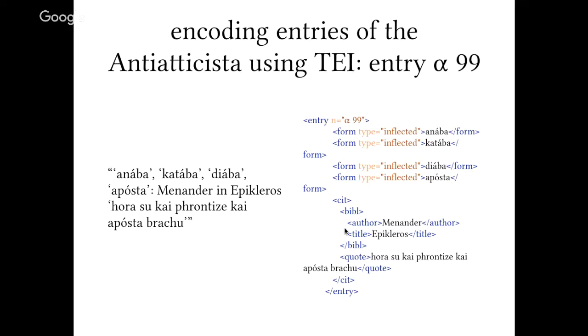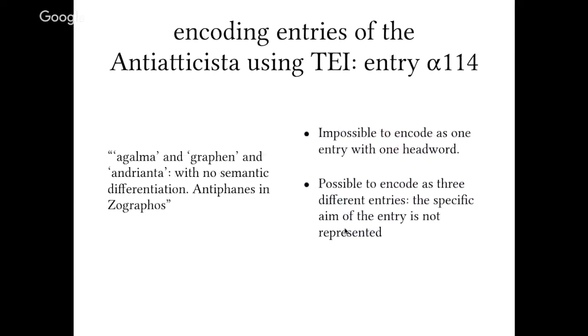And it's also not clear what is the relationship between, for example, Anaba, the first element, and the citation of Menander. The last example is, in my opinion, almost impossible to annotate using the TEI XML module.